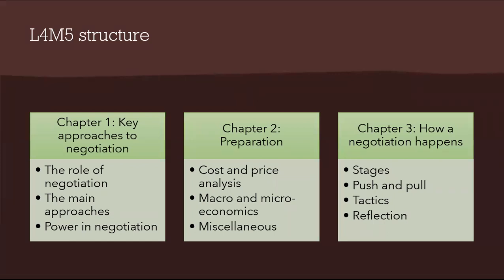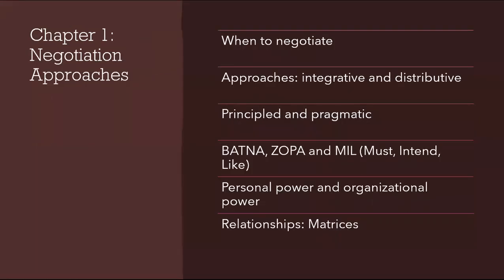Okay, now we go into the revision. In chapter 1, I list here the key areas we need to review. The first one is not very long or difficult. It's about when we negotiate in the procurement and supply cycle.